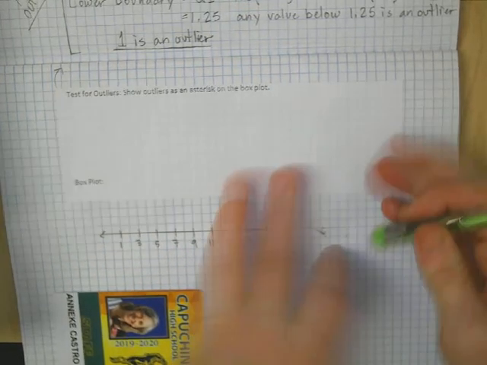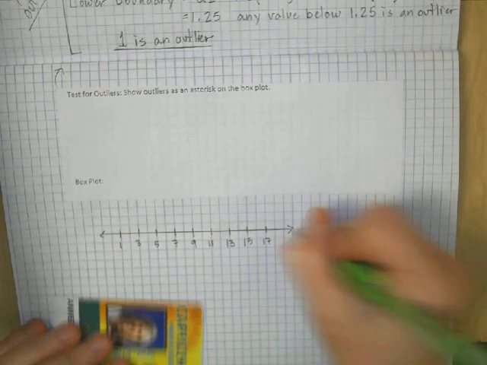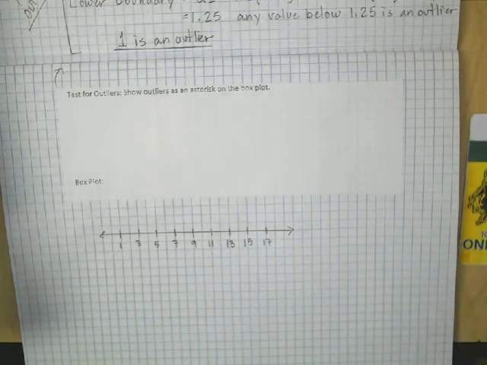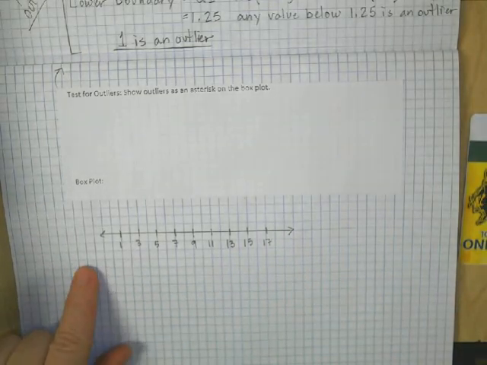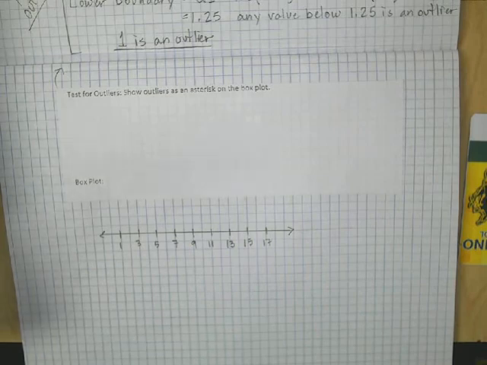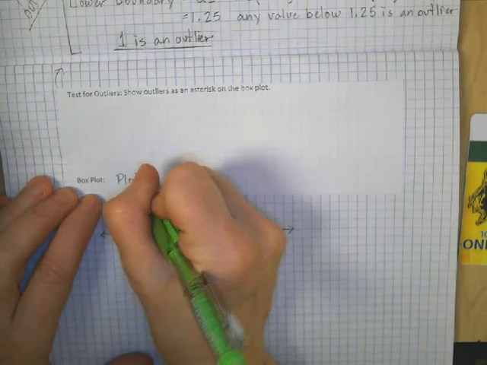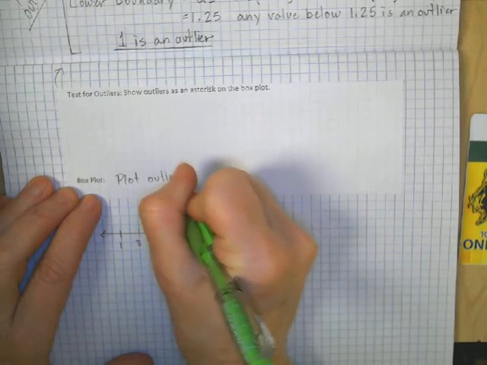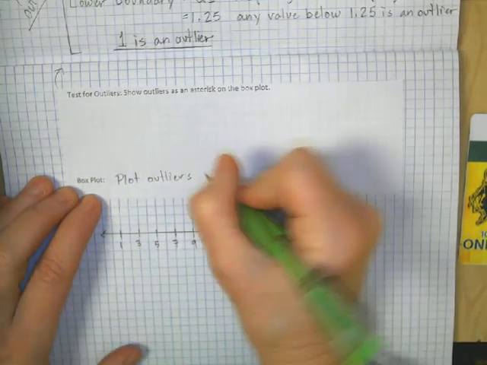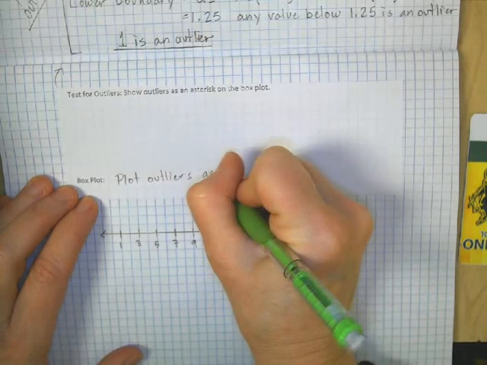Okay, now I'm going to put on my outliers. First I'm going to plot my outliers as asterisks.